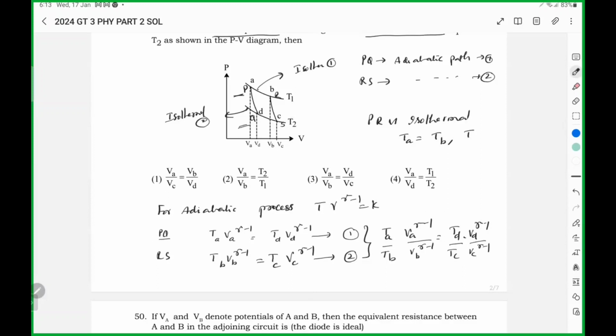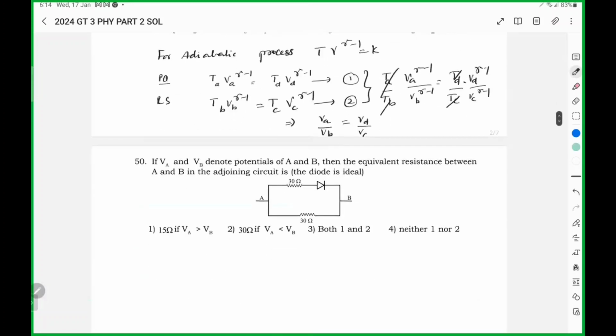Similarly, QS is another isothermal, temperatures are constant. Right. So TA, TB get cancelled. From here, I can conclude VD by VC.